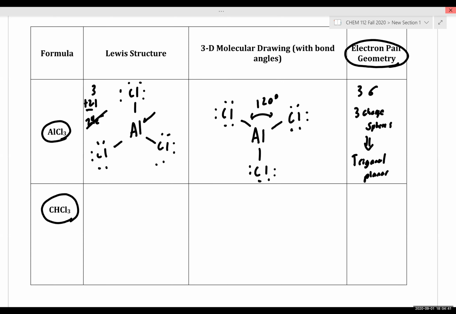So I'll give everyone about 2 to 3 minutes, and I'd like you to respond in the chat with the proposed electron pair geometry for chloroform. And if you have any questions when working through these examples, don't be shy to ask your question verbally or to ask your question in the chat.